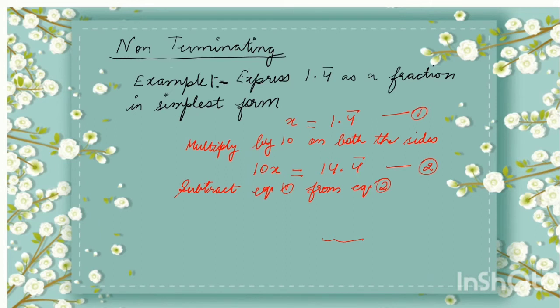What you will get: 10x minus x is 9x, and 14.4 bar minus 1.4 bar gives 13. So x is 13 upon 9, and as it is improper, you can write it like this, x is 1 and 4 upon 9.